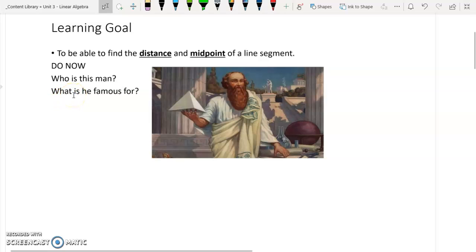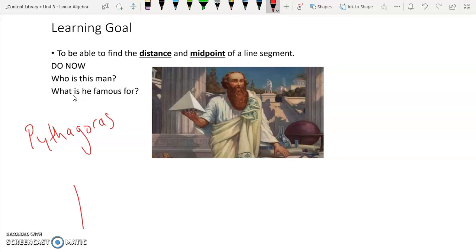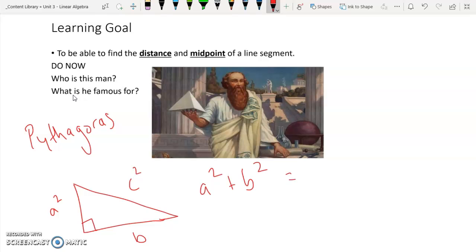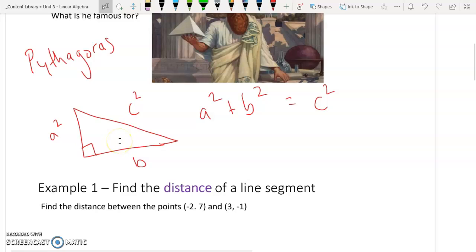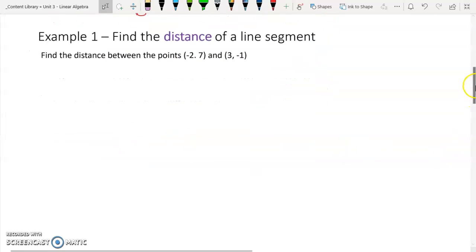He is Mr. Pythagoras, and he's obviously famous for the right angle triangle theorem, that the sum of the squares of the two shorter sides is equal to the square of the hypotenuse. So he was able to redefine how geometry was done many, many years ago.